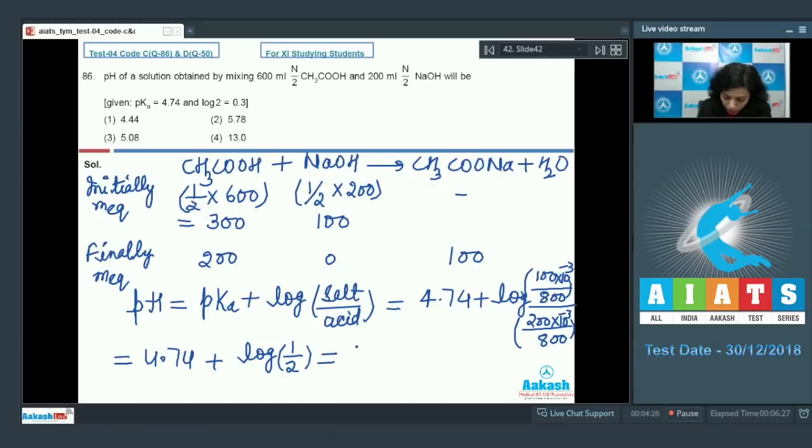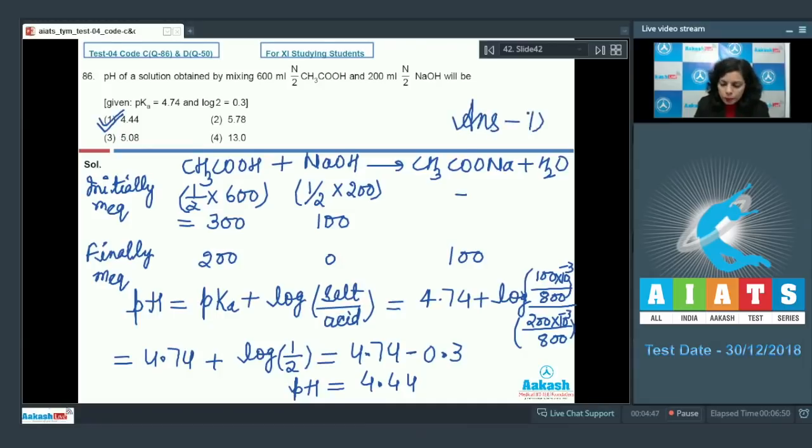So it can be written as 4.74 minus 0.3, since the value of log 2 is 0.3, and this gives 4.44. This would be the pH value for this acidic buffer, and this is given in option 1. That's why this is my final answer.